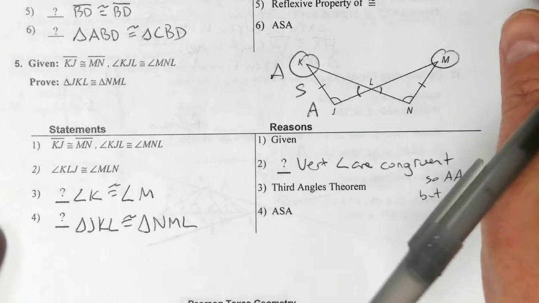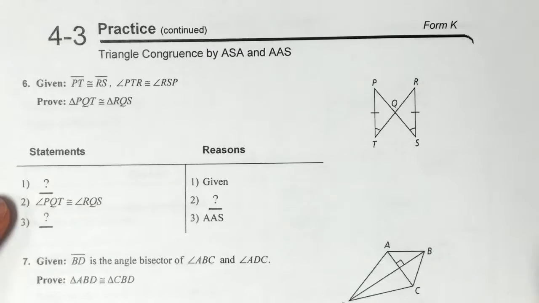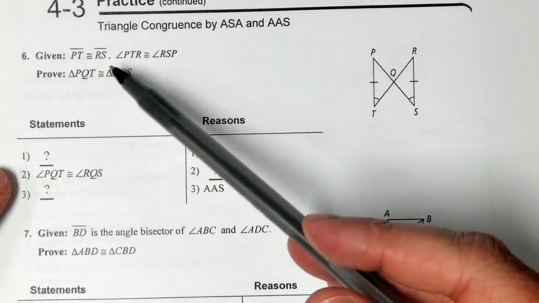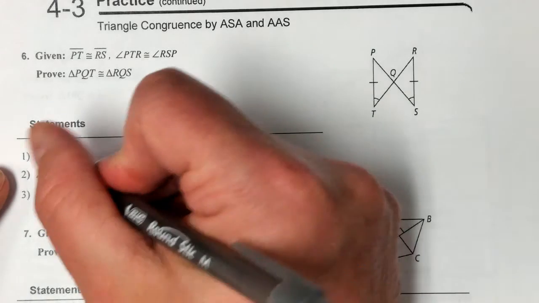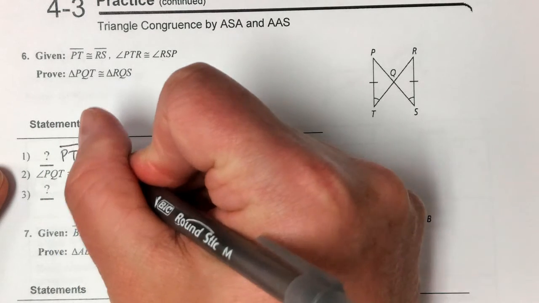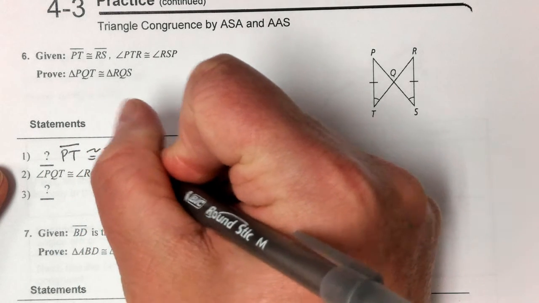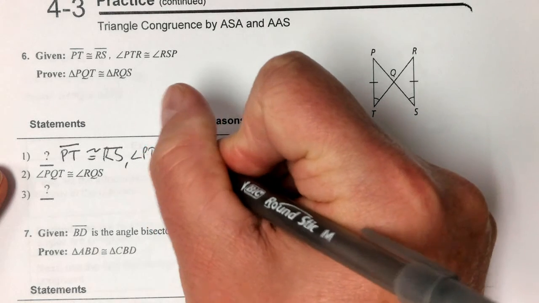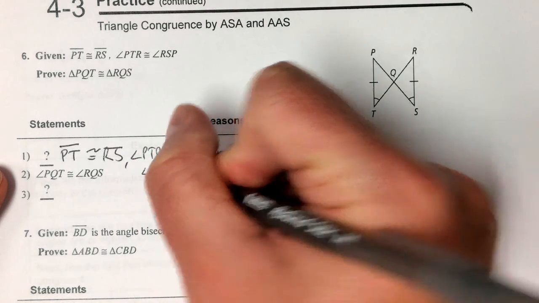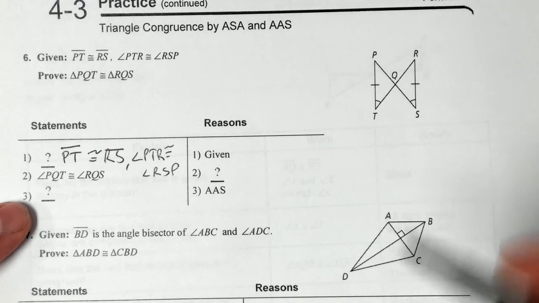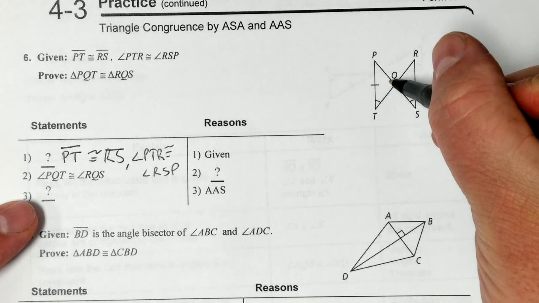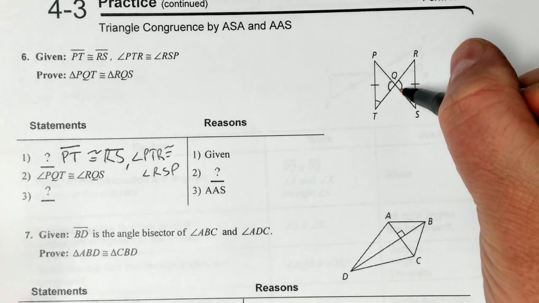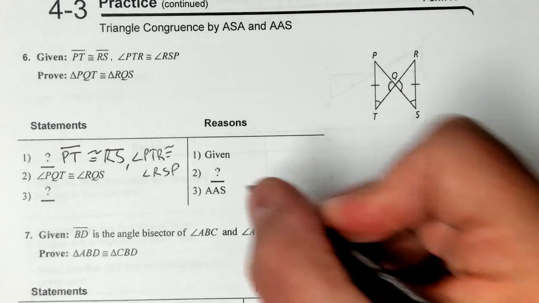Okay, number 6. This one, we put our given statement. And then the reason these are equal, vertical angles.